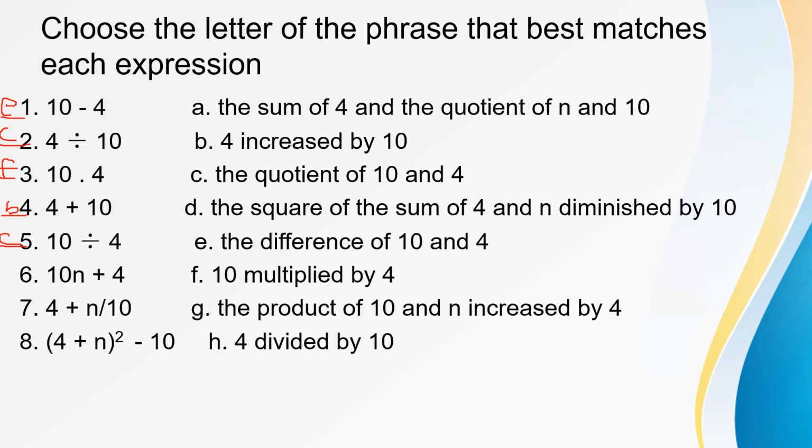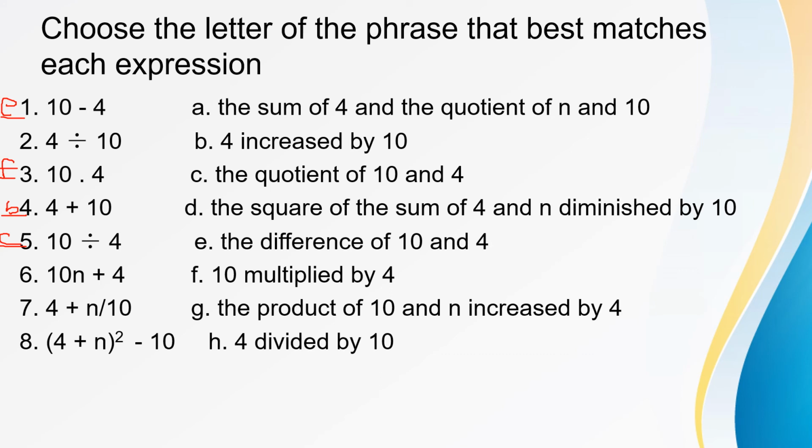Sorry, my answer was reversed. This one should be B. Because 4 divided by... Oh, increased. It should be addition. Okay, that's wrong too. Wait a moment. It seems there is no correct answer either. Okay, let's erase this. Let's leave it blank.